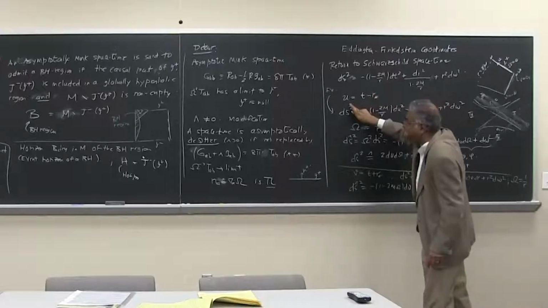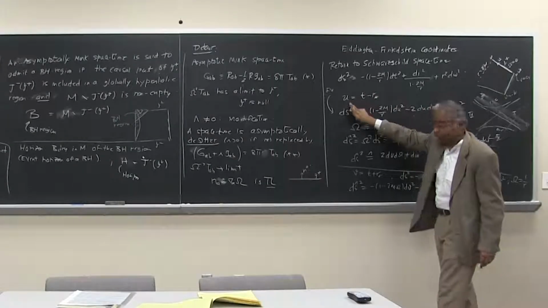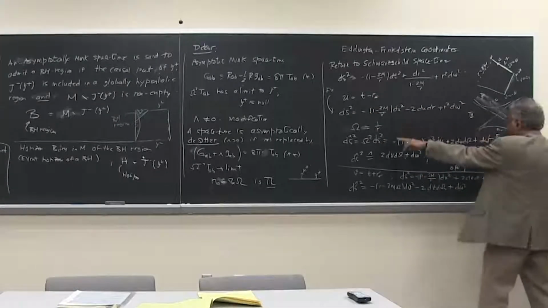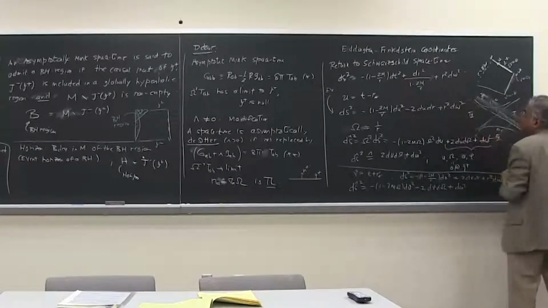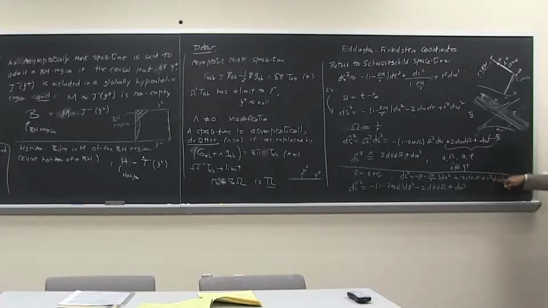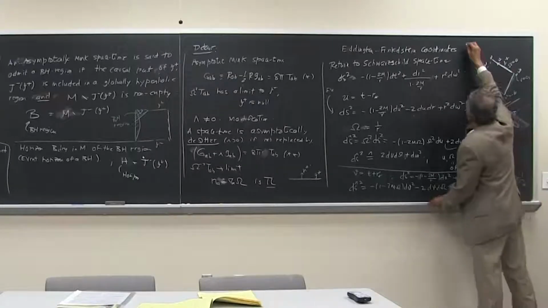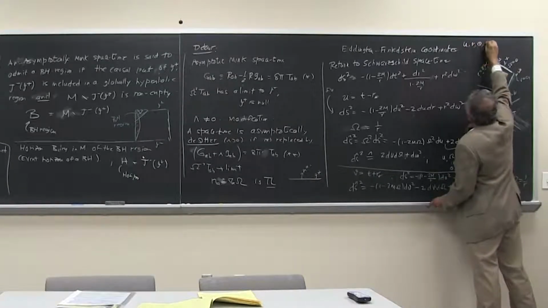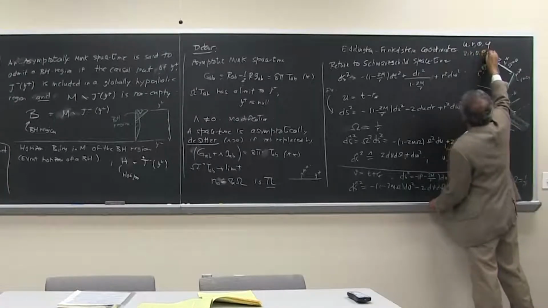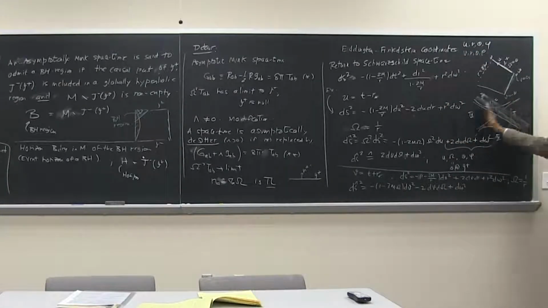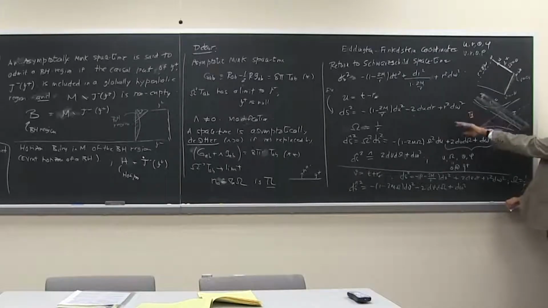This is the retarded Eddington-Finkelstein coordinate u. So u, r, theta, phi are retarded Eddington coordinates, and v, r, theta, phi are advanced Eddington-Finkelstein coordinates. They don't cover all of classical space-time, they don't cover this other patch, but that is not of interest to us because this is the other asymptotic region.